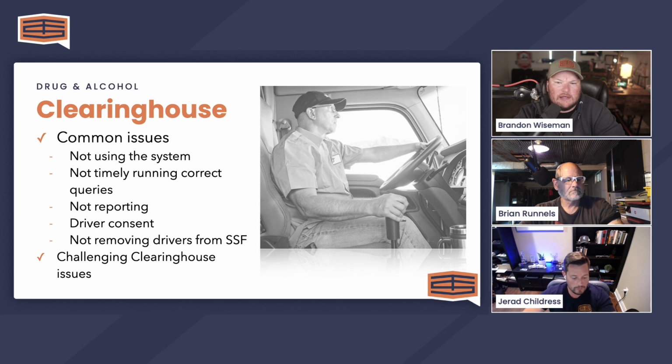And so what you'll see is clearinghouse query results with a carrier's name that doesn't line up with the carrier that driver has been operating for. We've seen that cause problems in audits. So just be aware that if you've got multiple DOT numbers, you need to be running queries under the DOT number for whom that driver is actually driving.